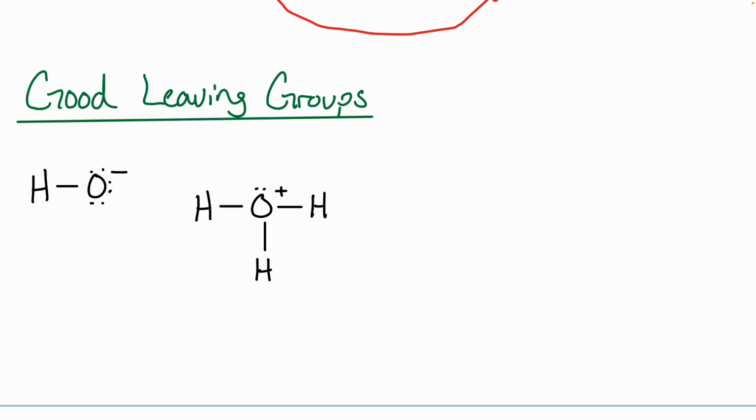So in this molecule here, the hydrogen is going to be my electrophilic site, meaning that's what's going to get attacked by that negatively charged nucleophile. The other half of this molecule is going to be playing the role of a leaving group. It's going to get kicked off when that hydrogen gets attacked.